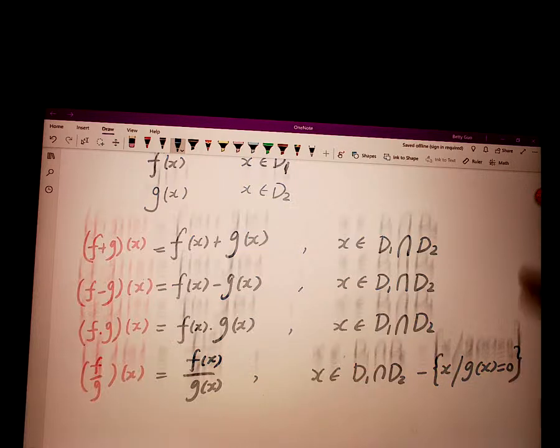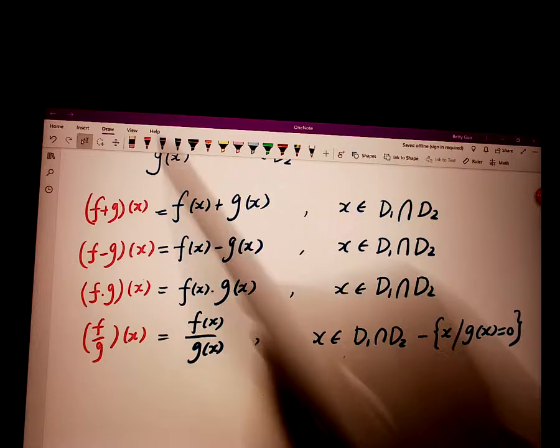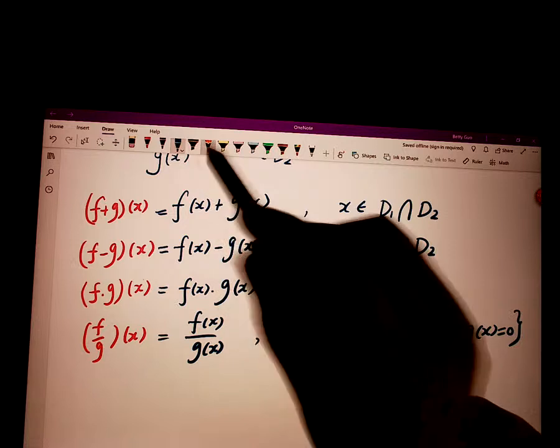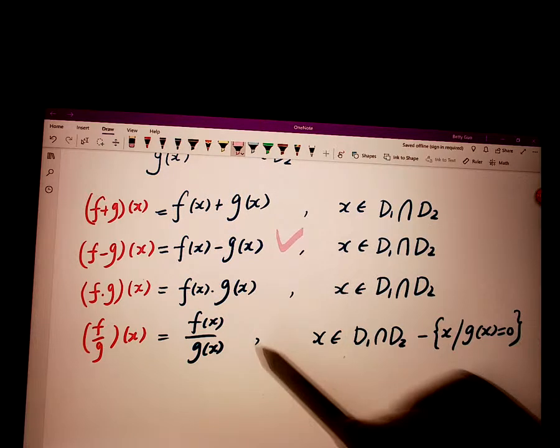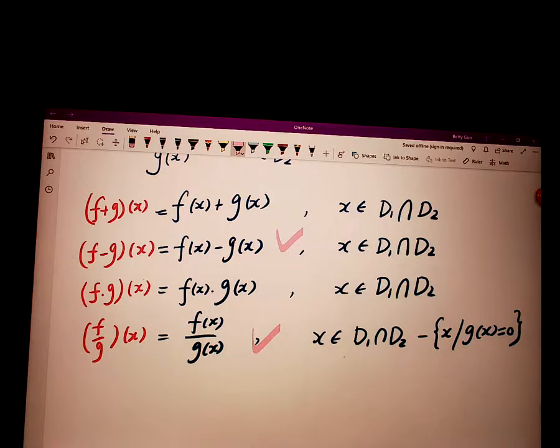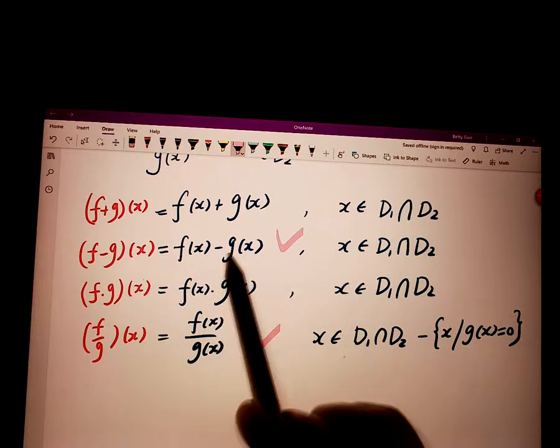One more thing I want to point out is when we talk about division or subtraction, I mean here and here, be very careful of the order of the two functions. The order does matter. Matters a lot when we talk about subtraction and division.